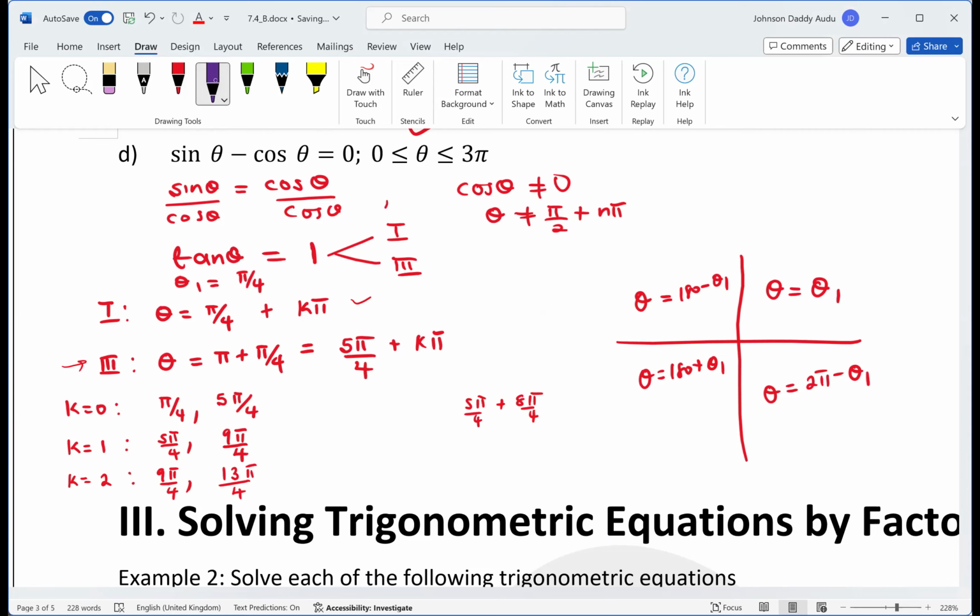We cannot pick more than one, and this has to be rejected because 13 over 4 is bigger than 3, right? Because we need the maximum to be 3 pi. So it means that the solution is simply pi over 4, yes, 5 pi over 4, but we cannot take it more than once. It's already here, right? And then we can take also 9 pi over 4 only once. And this is the solution set.